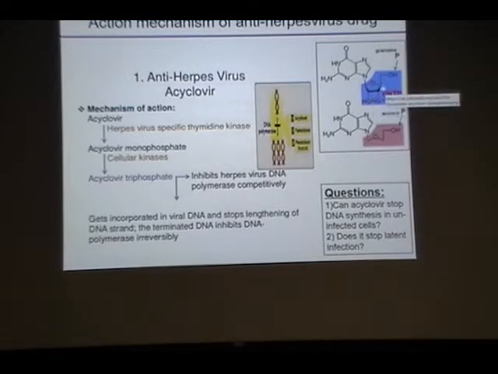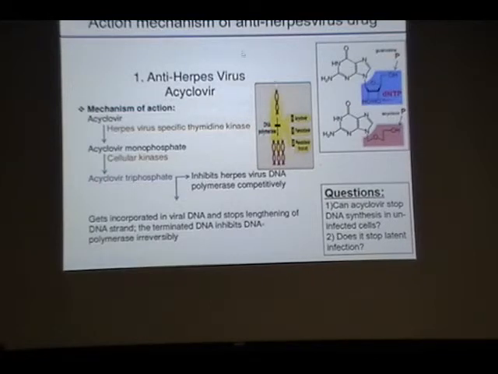So if this molecule is incorporated into the DNA chain, it will be added to the chain because it will form a bond between the triphosphate and the upstream nucleoside's OH group. Okay, so it will be added, but it will not allow the next nucleoside to be added, because there is no OH group available. You got it, right? Okay, that's how it works.